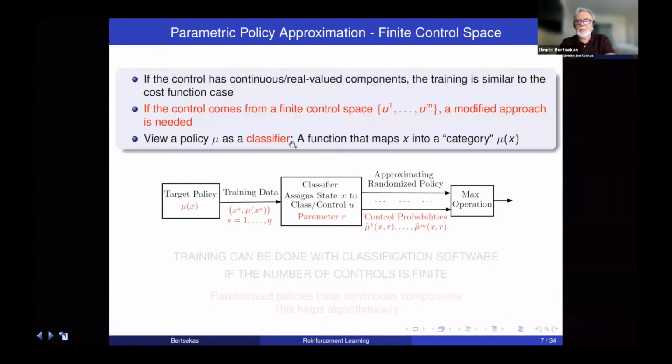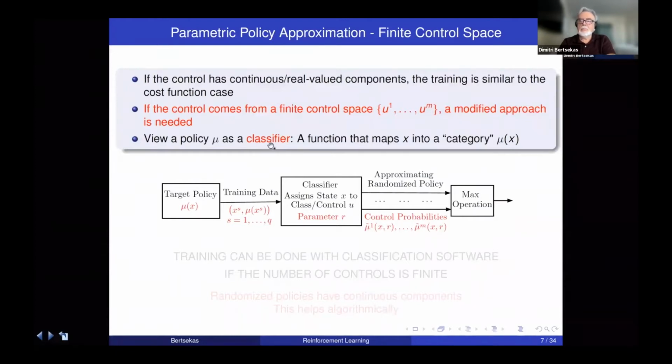It's a very well-known type of algorithm, software from machine learning, whereby we have a population of objects and we have a finite set of categories, and we want to classify objects from this population into one of these categories. Look at it and then decide which category it belongs to. Like you have digitized images of apples and oranges, and you feed them to the computer, and the classifier will classify it as an apple or an orange.